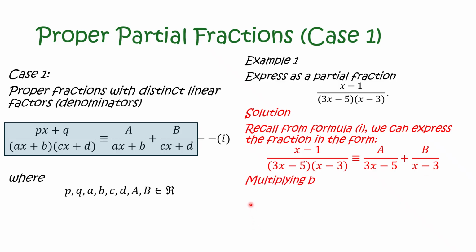With that, we multiply both sides by the product of the divisors on the left-hand side.